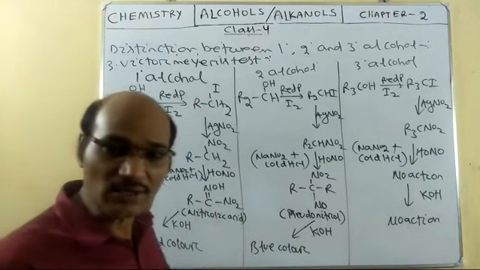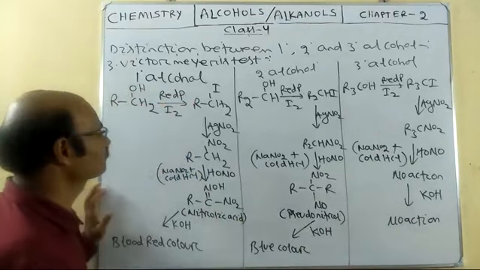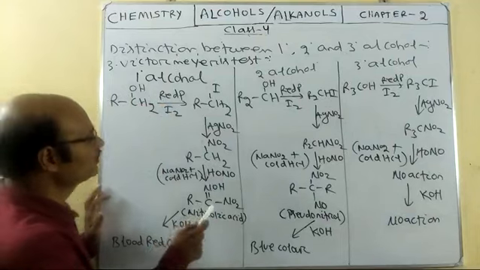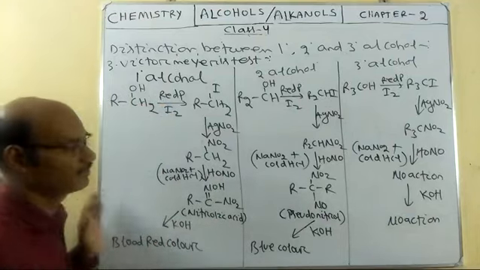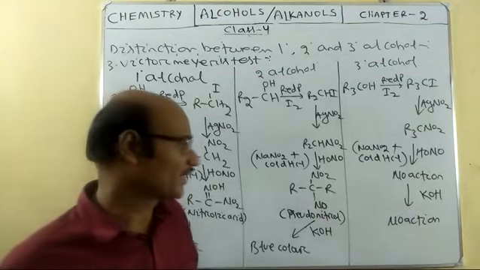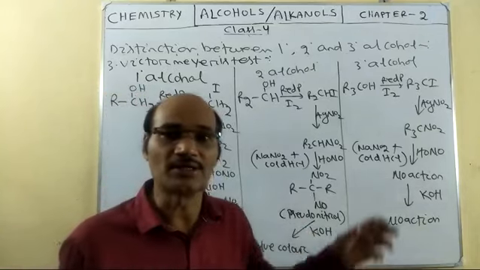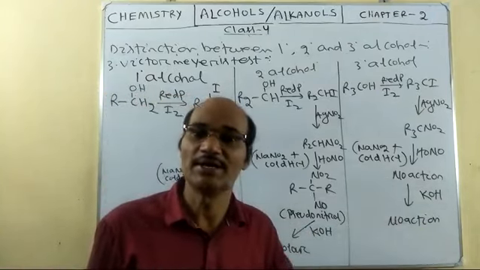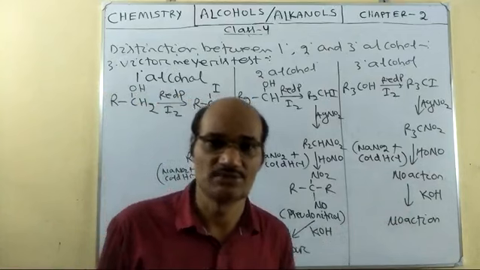When we have primary alcohol, we get the nitrolic acid. Secondary alcohol gives the pseudonitrole, and tertiary alcohol does not give any product with the nitrous acid.